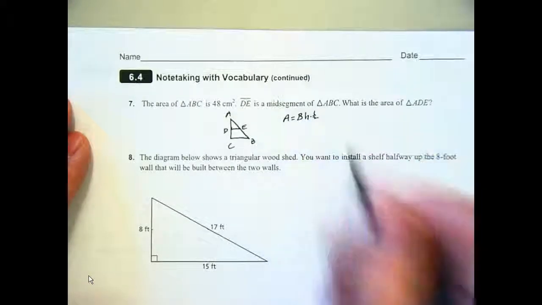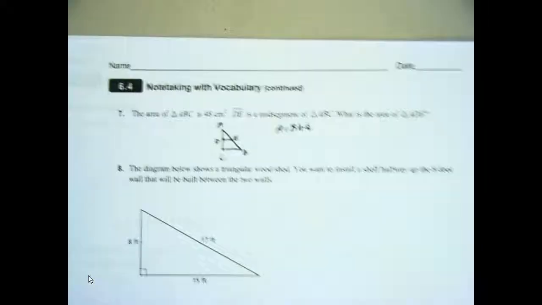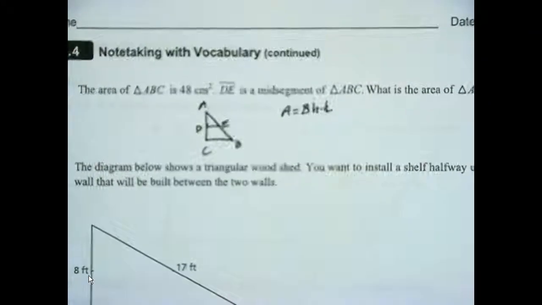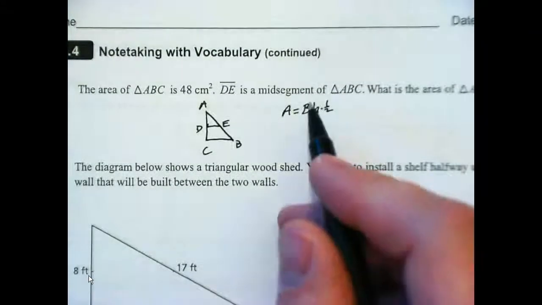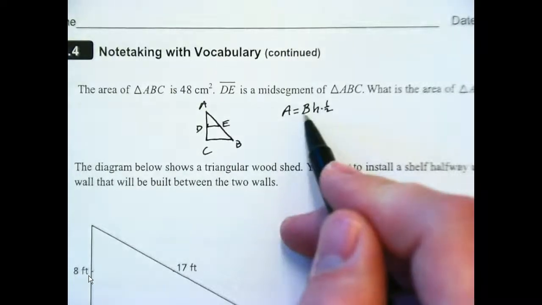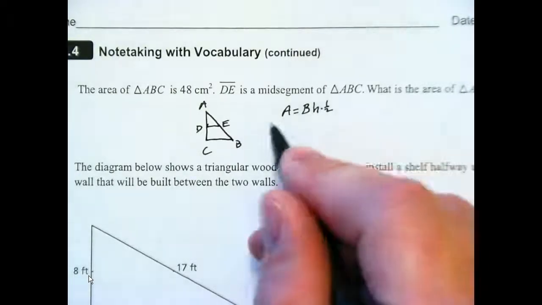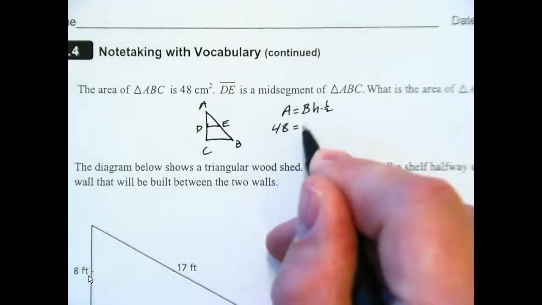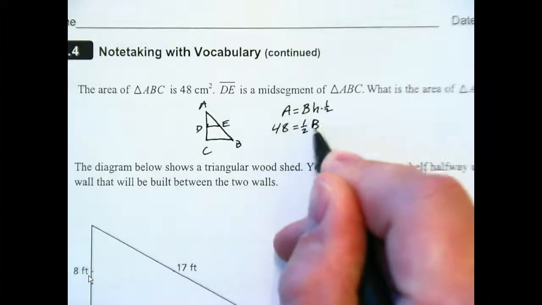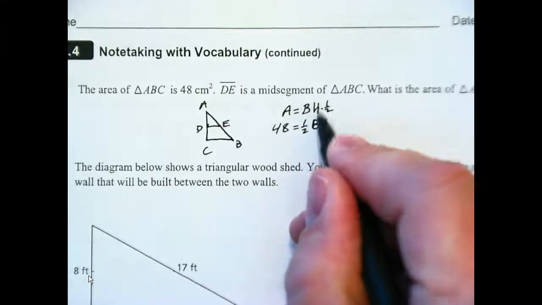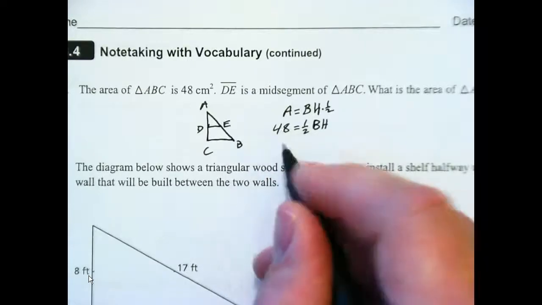So if we move that over, base times height would be 96.